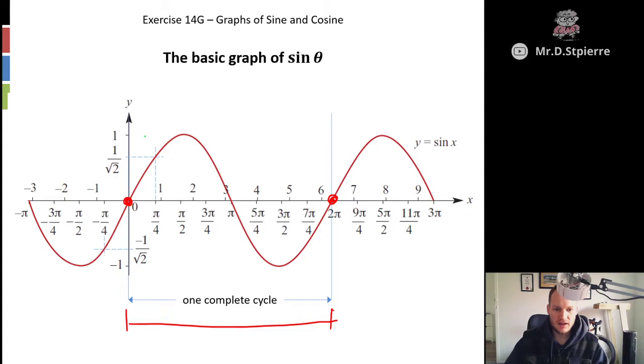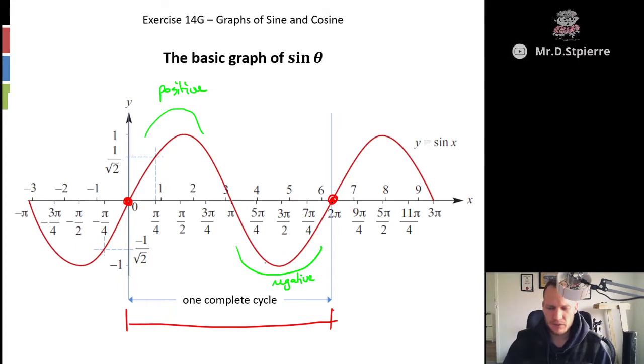Well, it needs to have this, I guess we'll call it the positive component, and then it also needs this negative component. So for lack of better vocabulary, the graph goes up once and goes down once and returns to the same point.